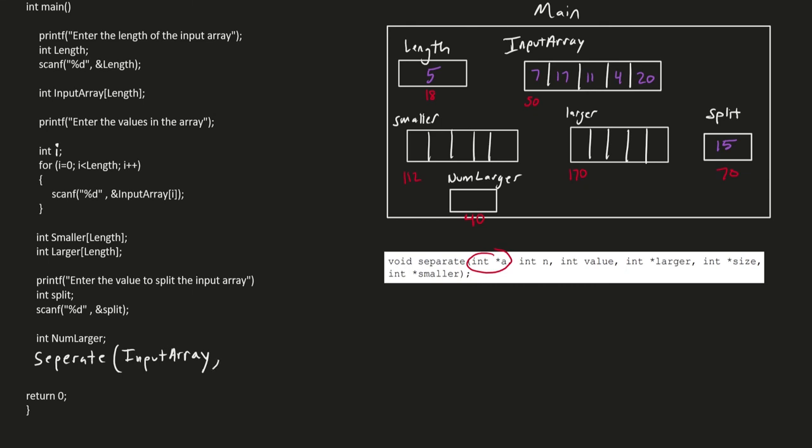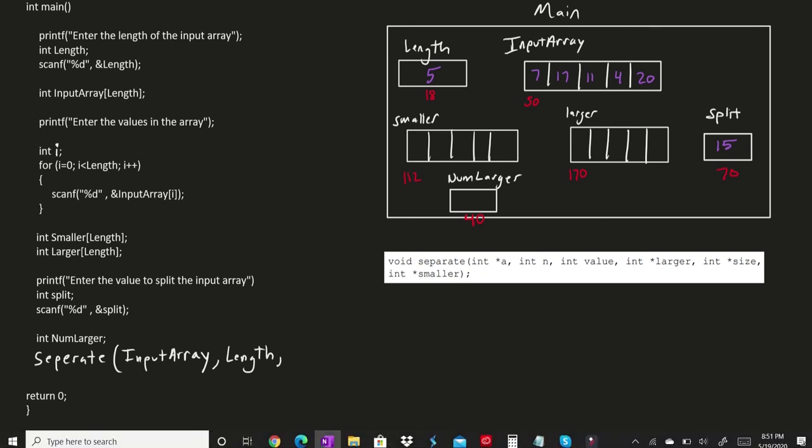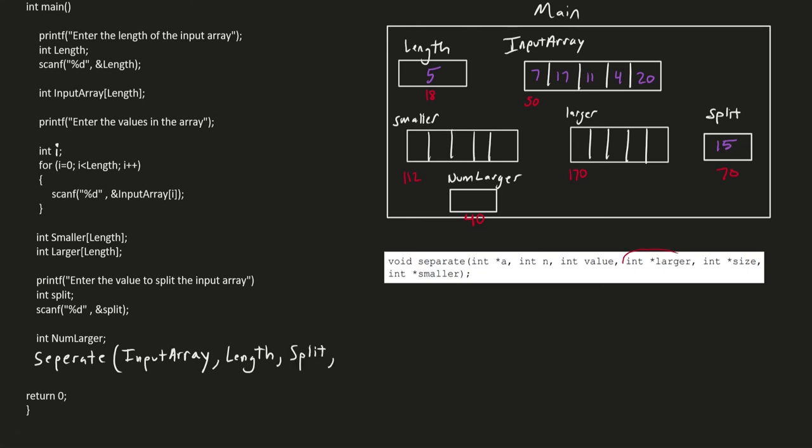We need to send the function the length of that input array. That splitter value is the third input, and I named that split, so I'll just send that in there. We've got to send in the base address of the array that will hold the larger elements, so that will be this.